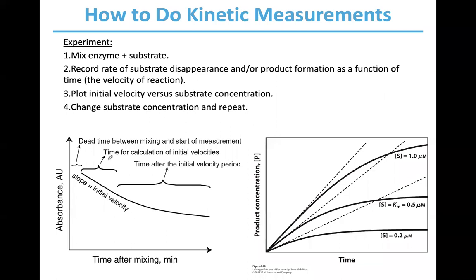And so here, when you mix things together, you have to allow for what's known as dead time between mixing and the start of the measurements, right? This is because of the diffusion. So you have to give all the reagents some time to diffuse together and produce an equal, homogeneous concentration in different parts of the reaction flask, right? So here's your initial velocity.